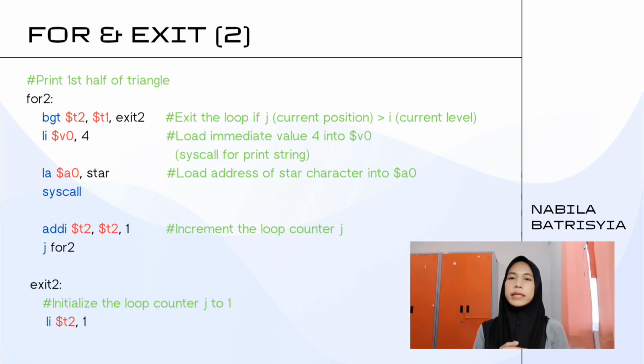And the next line is exit 2. Exit 2 is used to initialize the loop register T2 to 1 and presumably for the next iteration or subsequent code. So in summary, this code is used to print the star symbol of the first half of the pyramid.